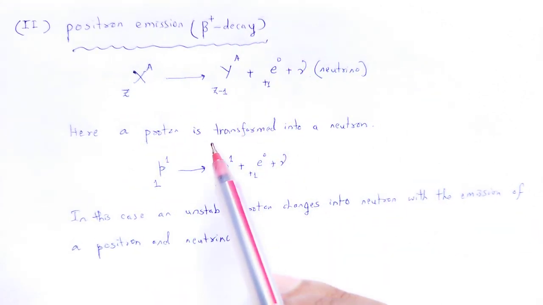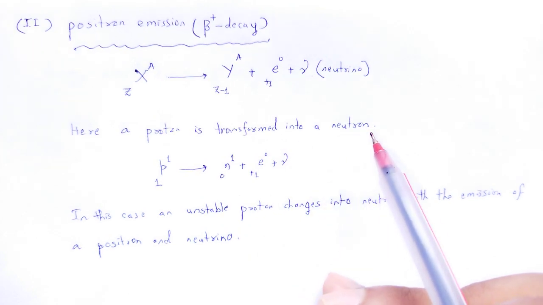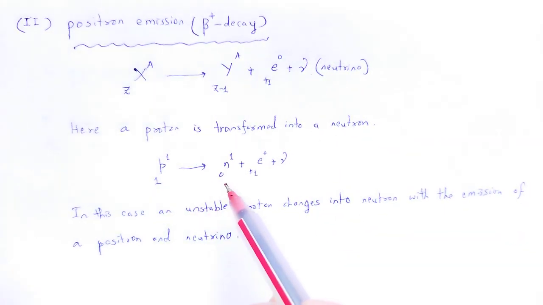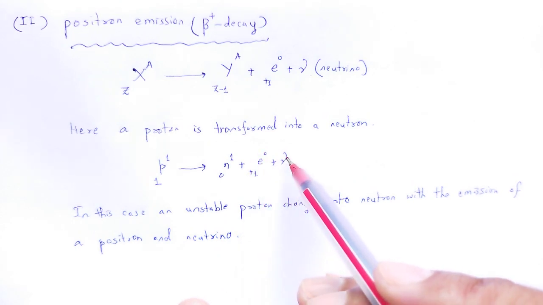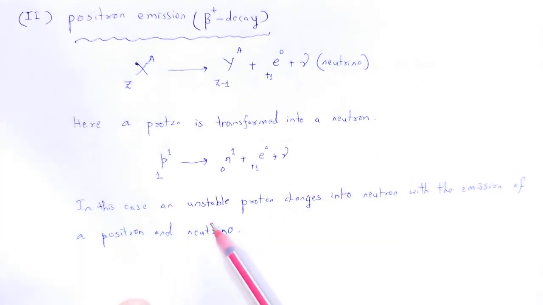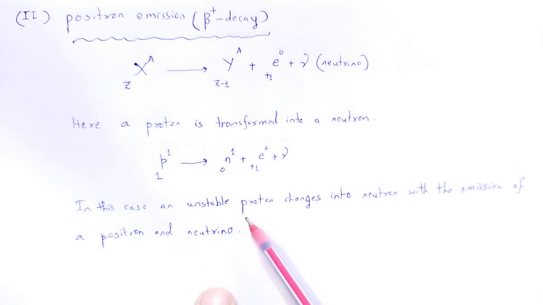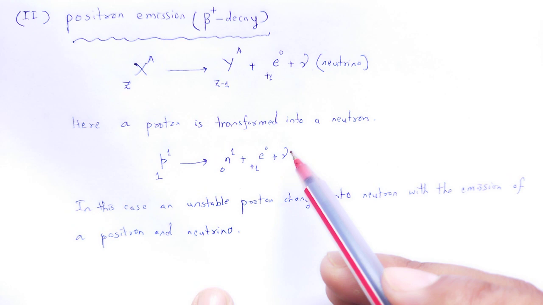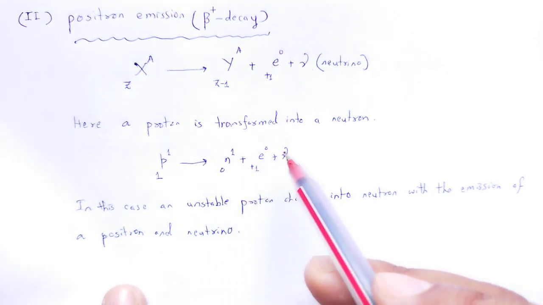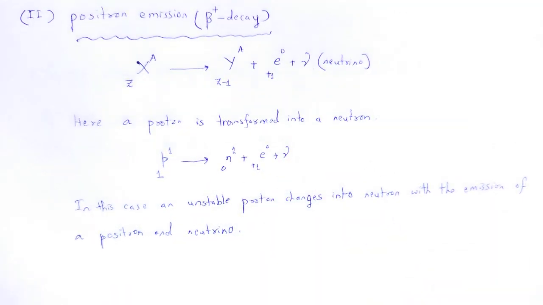In that situation, a proton is transformed into a neutron: a proton goes to a neutron and then a positron and a neutrino. So, in this case, an unstable proton changes into a neutron with the emission of a positron and a neutrino.